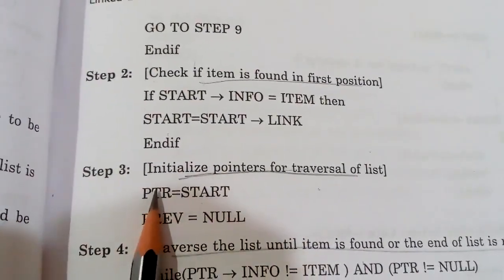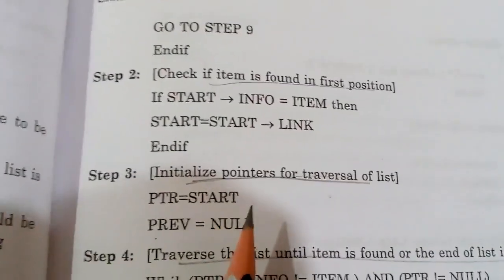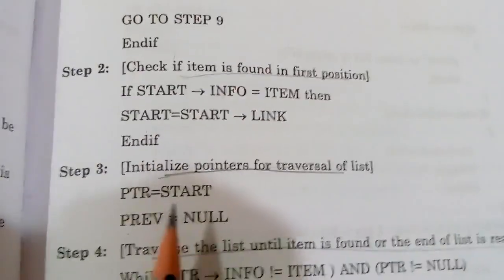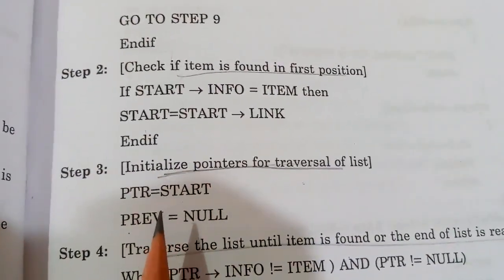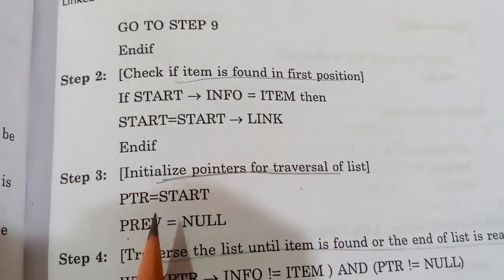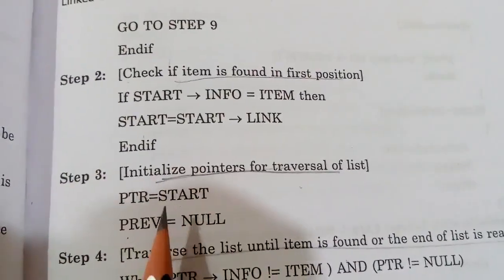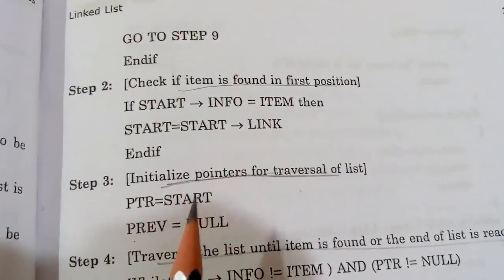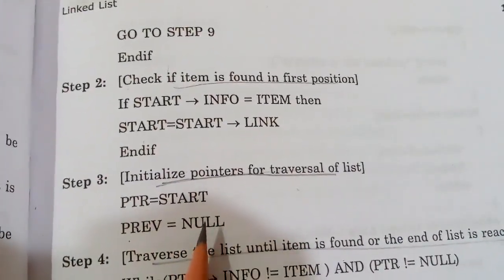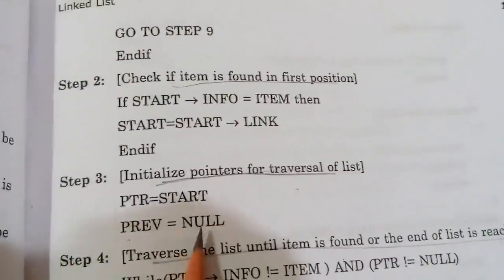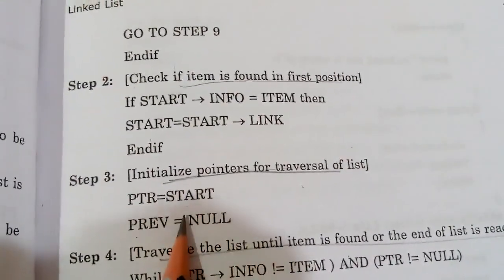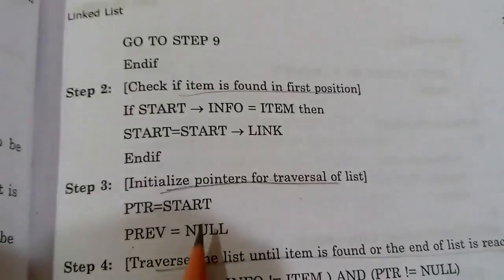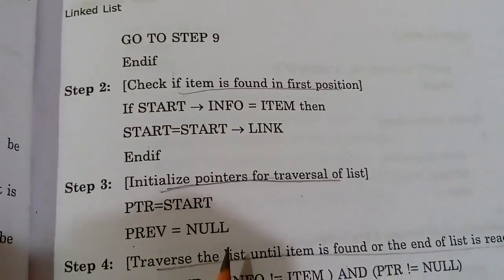Third step, when the element to be deleted is specified, we have to search for the information part of each node in the linked list to match the given item, the element to be deleted. So for this, we're going to use two pointers, previous and ptr. Initially, ptr is equal to start and previous is equal to null.